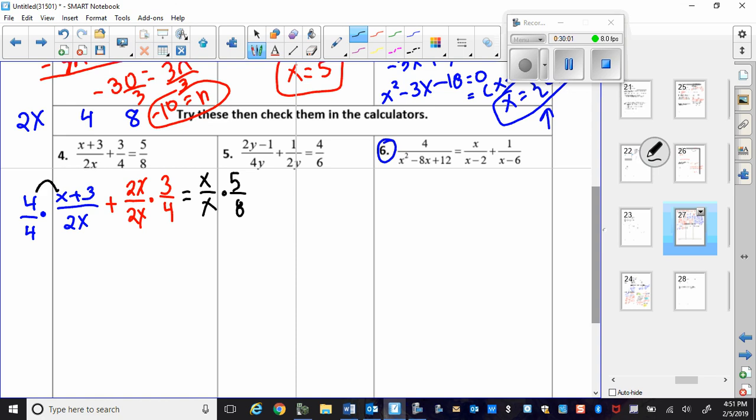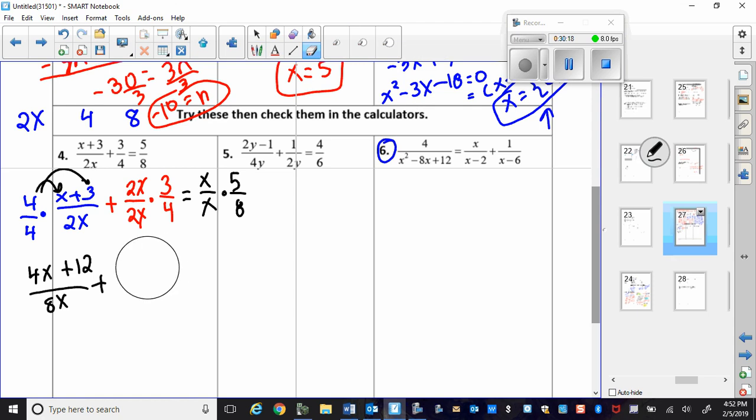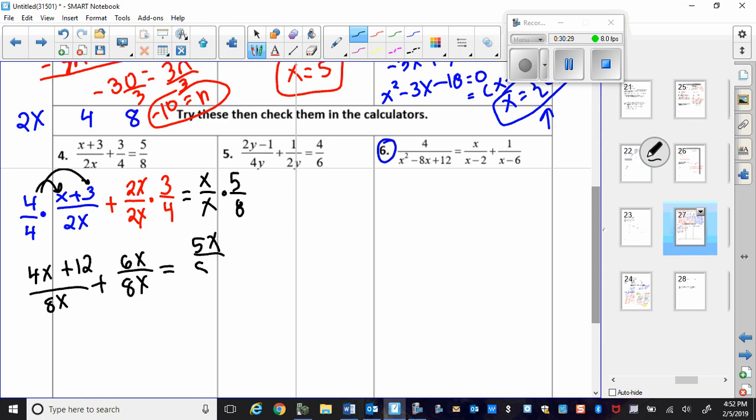Okay? So 4 distributes to x, so 4x, and 4 distributes to 3, that's positive 12. On the bottom, I have 8x plus 2x times 3 is 6x over 8x on the bottom equals 5x over 8x.